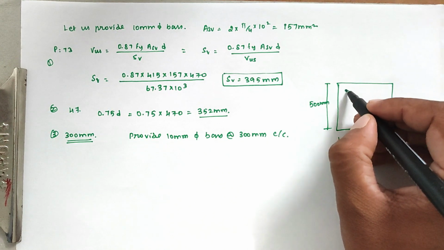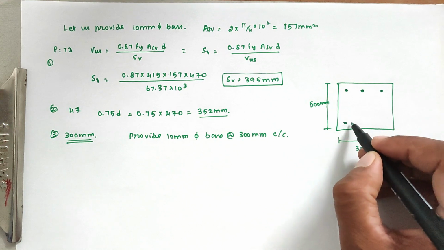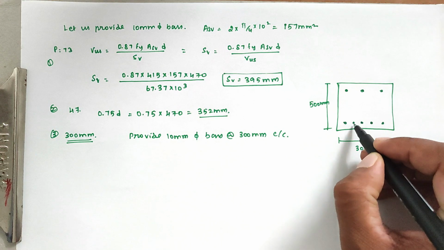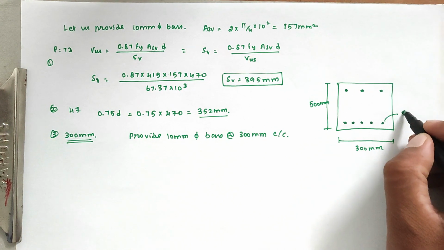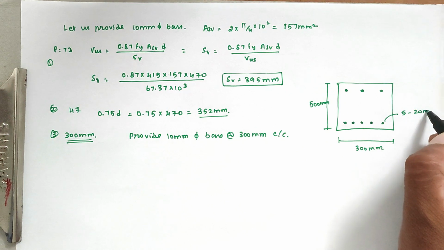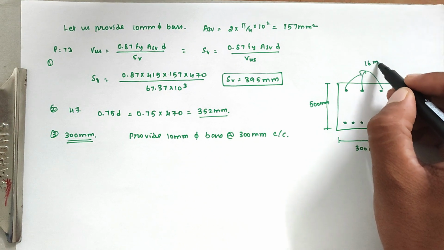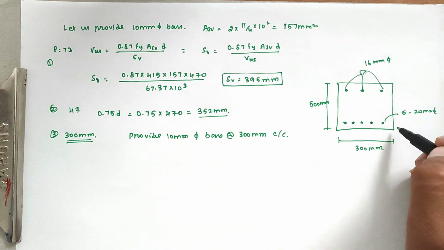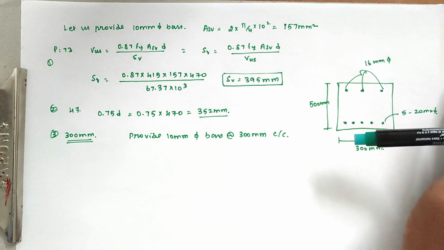So now we can provide 5 numbers of 20 mm dia bars and 3 numbers of 16 mm dia bars. Okay, so this is the compression reinforcement, this is the tension reinforcement. So this is the method by which we can solve the problem. Again we will see in the next video. Thank you.